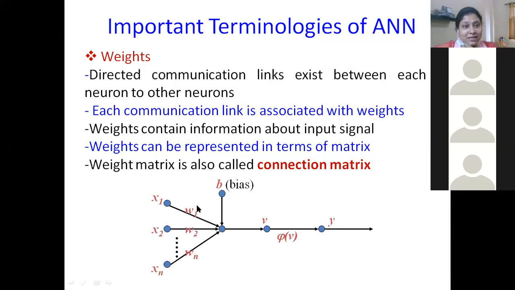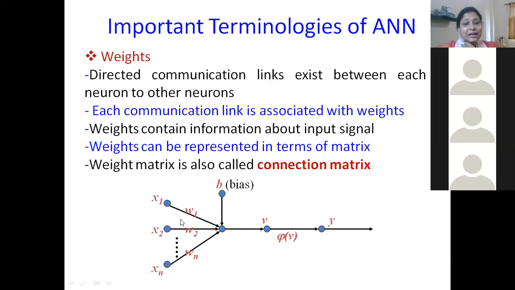This is called weight, and w1, w2, up to wn are all considered as weights, and all together can form a weight matrix. These weights are the directed communication links which exist from one neuron to the neurons which lie in the next level or next layer.